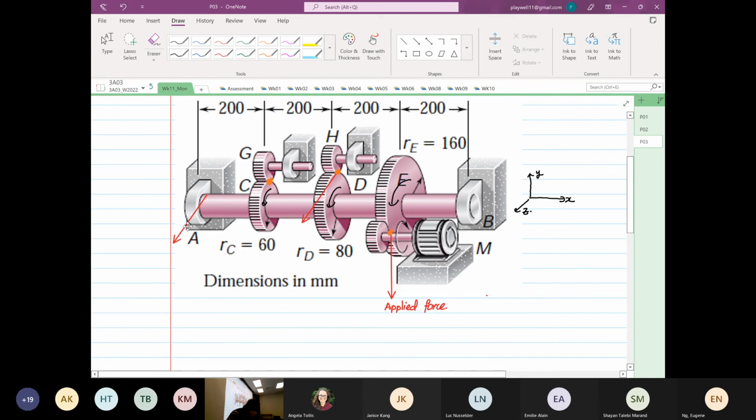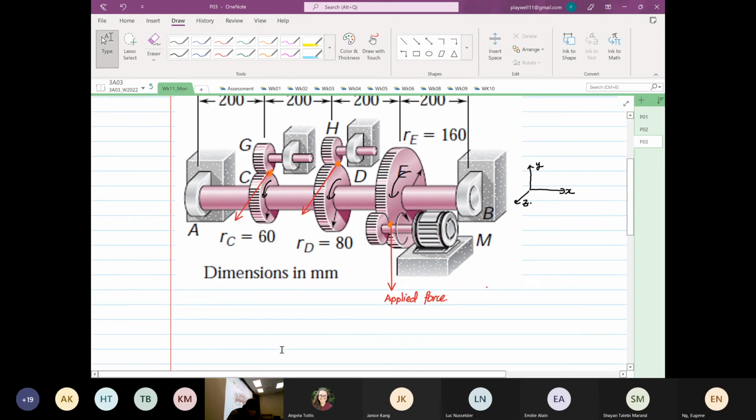These are the directions of the applied force. So how do I know that? If you look at the applied force relative to this axis over here, it's in this direction. So if I draw the radius over here, that is your applied force.